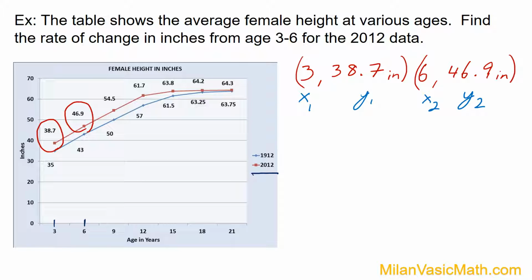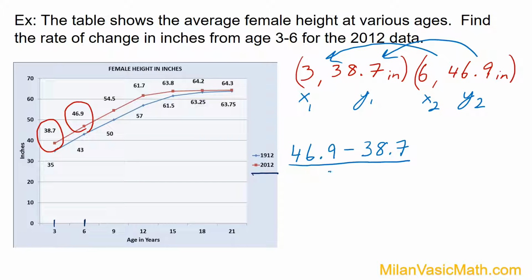So, all right, start with y2 minus y1. So we have 46.9 minus 38.7 all divided by, so I went in this direction, I'm going in the same direction again. 6 minus 3.